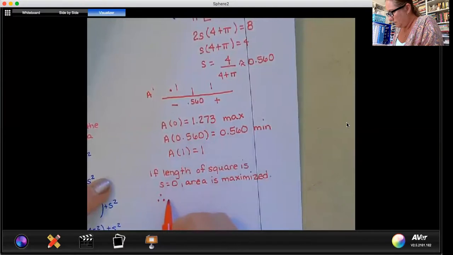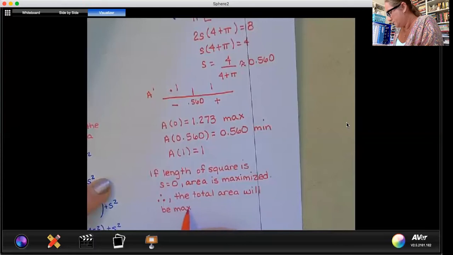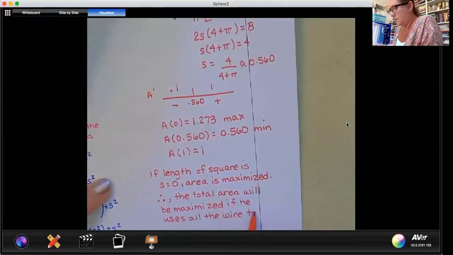So therefore, the total area will be maximized if he uses all the wire to create a circle.